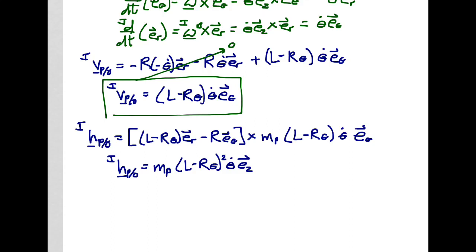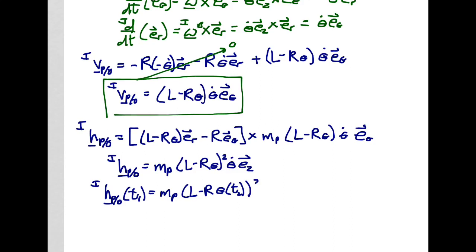And so this is our angular momentum, and we want this, like I said, for any state, but let's go ahead and put in our t1. So our angular momentum of point P with respect to an inertially fixed point O at time 1 is equal to this same expression, but recognizing that each of our state variables, theta and theta dot, are functions of time, and we're only interested in time 1 before the impulse occurs.